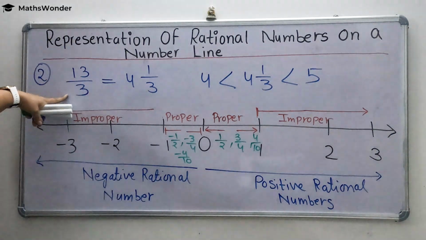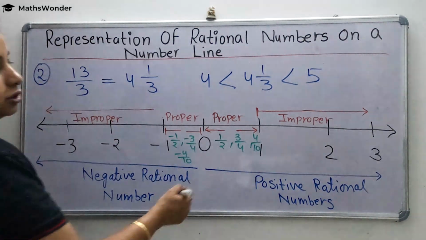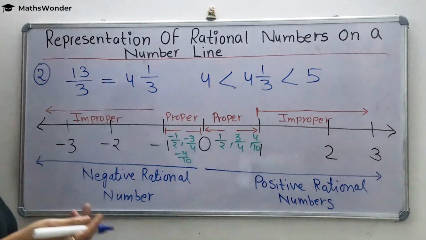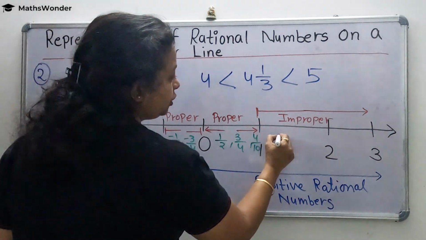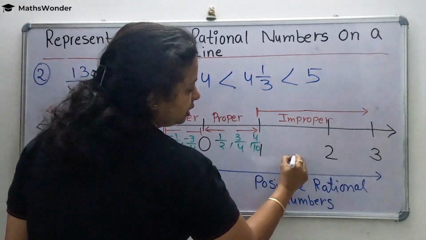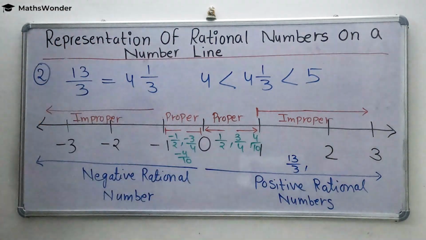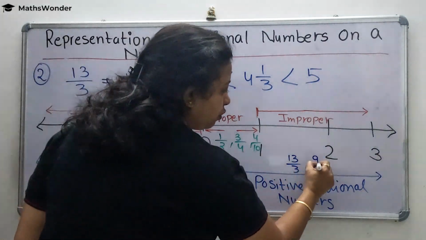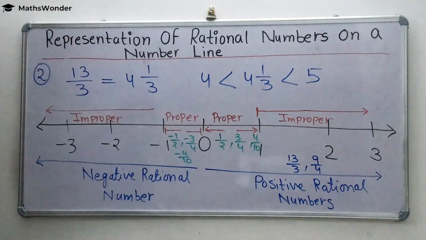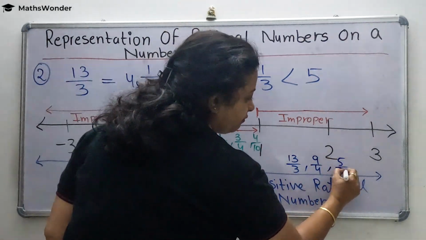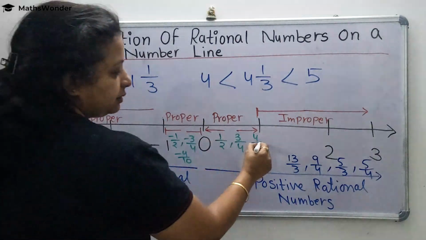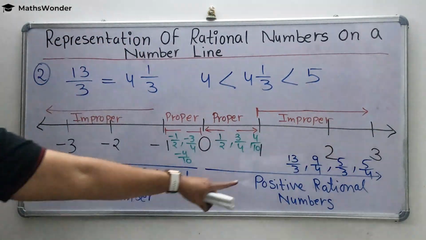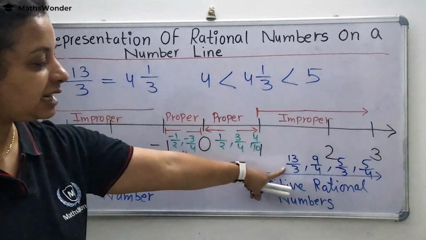Suppose your positive number is an improper fraction, like 13 over 3, so it will lie from 1 onwards, okay? 13 over 3, 9 over 4, 5 over 3, 5 over 4, all the positive ones, they all come under this part, 1 onwards, because the numerator is greater than the denominator.